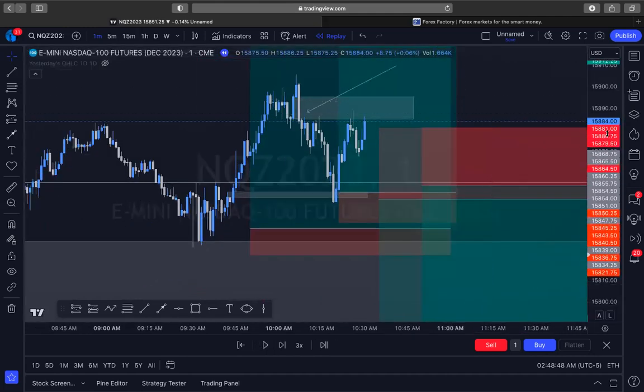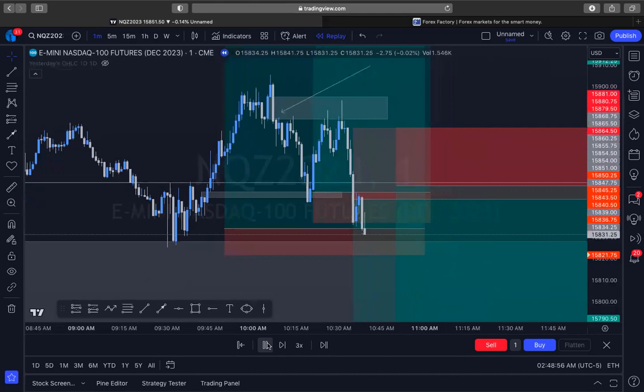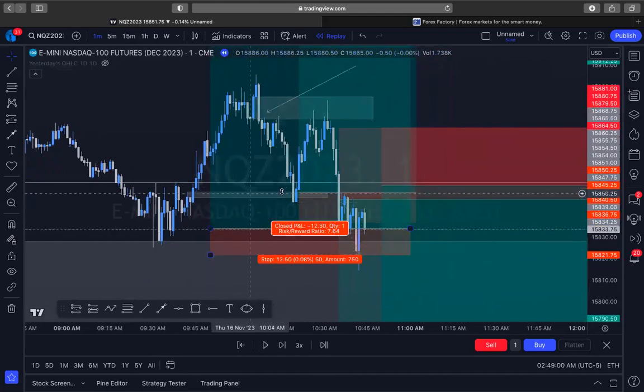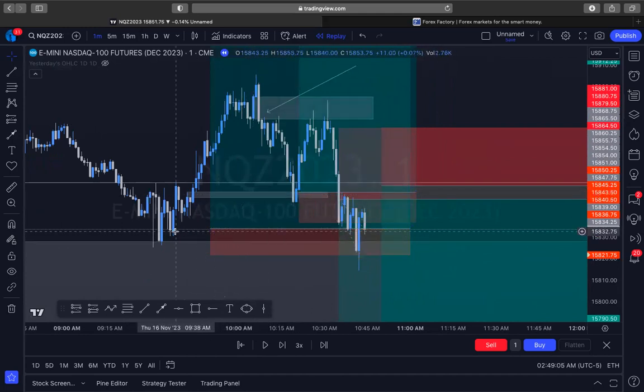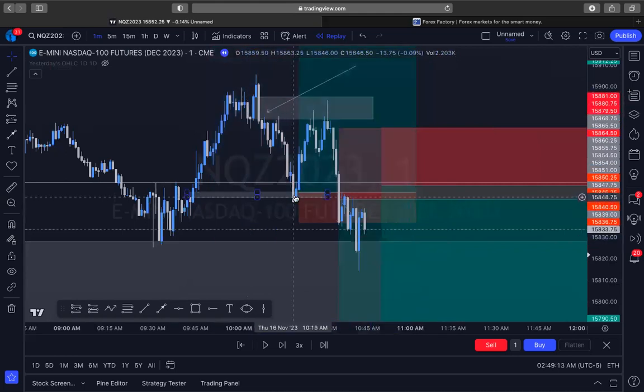I think if I'm not mistaken, I did enter, and I want to say I took that loss, if I remember correctly. Yeah, definitely. So here you can see that I took that trade right here. I don't remember me taking this one here, because I don't see where my trade would have been an entry. Go ahead and take that one off.